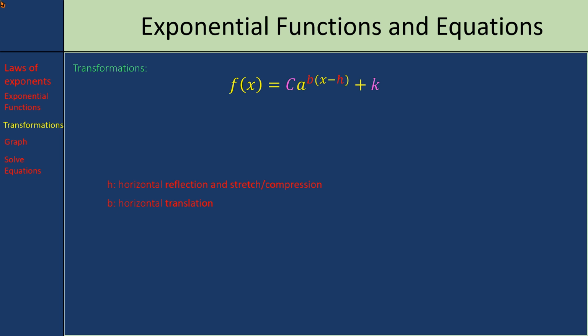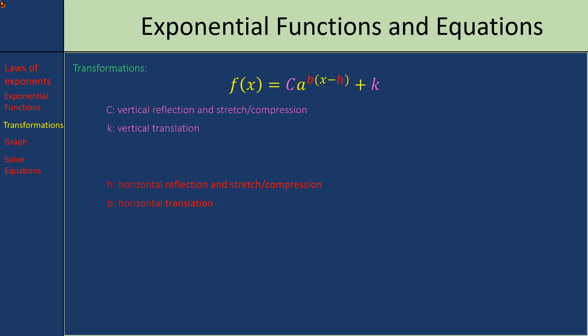The ones in red are the ones that apply to x, and the ones in pink are the ones that apply to y. C is the vertical reflection, and stretch and compression. K is the vertical translation. Vertical means it applies to your y values. Then the ones in red, B is the horizontal translation, H is the horizontal reflection, and stretch or compression.